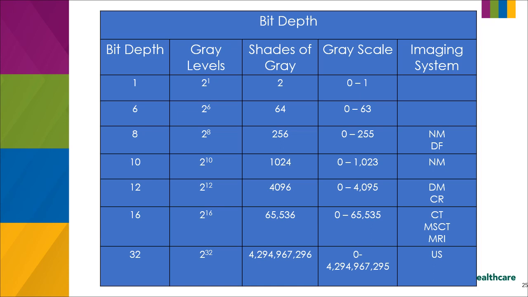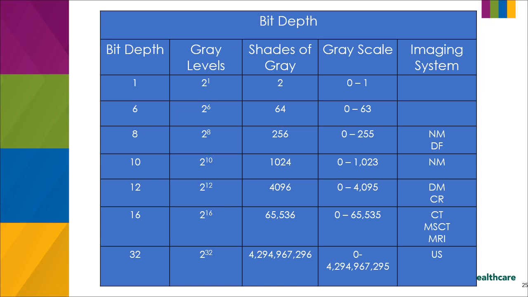So a bit depth of 6 would have 2 to the 6th power, which would be 64 shades of gray. So it's going to go from 0 to 63 as far as the gray scale. A bit depth of 8 is going to be 2 to the 8th power, which is 256 shades of gray. So it's going to have 0 to 255, and so on. So it just continues on like this.